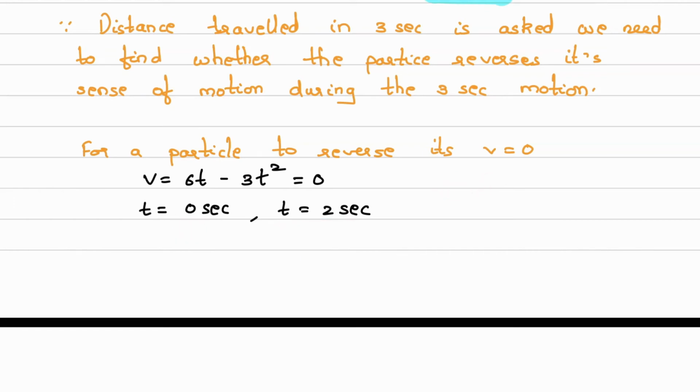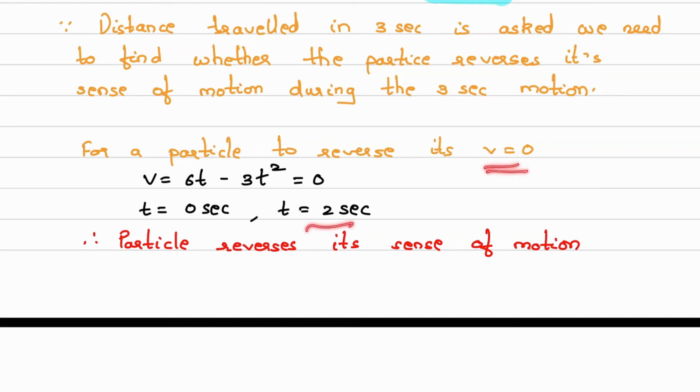Therefore, the particle reverses its sense of motion. Why is this? Because the total time is given as 3 seconds and we get velocity equal to 0 at 2 seconds. So at 2 seconds itself velocity is 0 and the particle has reversed its motion.